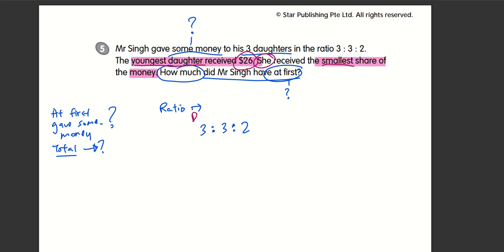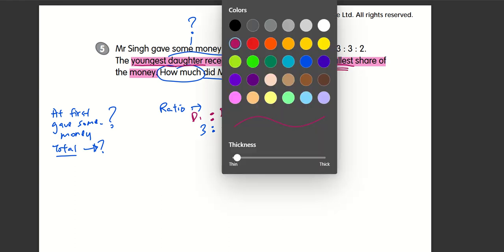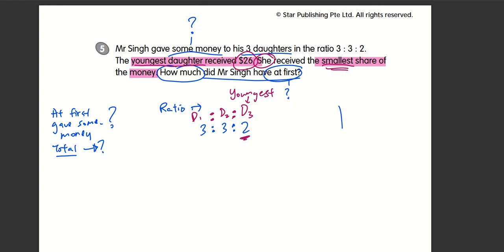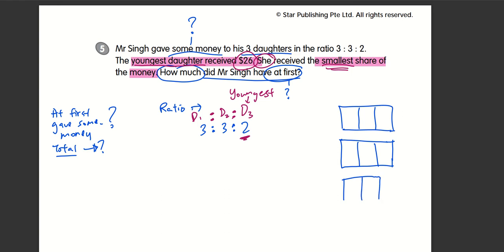So maybe this is daughter 1, this is daughter 2, and then this is daughter 3, and this daughter 3 is the youngest. Why? Because it says the smallest share, so it looks like it's the smallest here. So if I were to draw out the model of 3:3:2, I have 1, 2, and 3, 1, 2, and 3, and then 1 and 2.